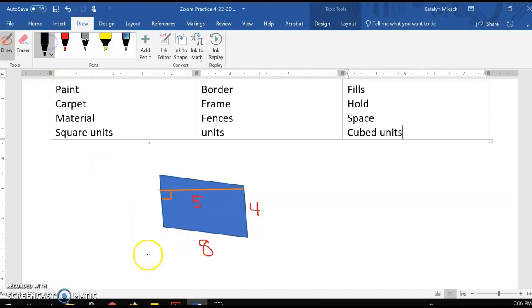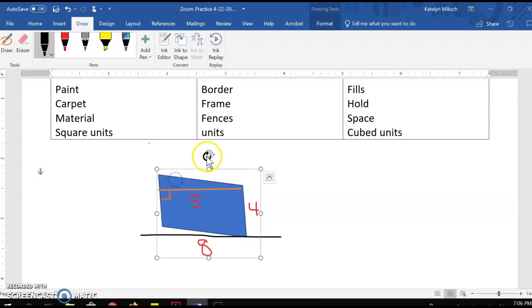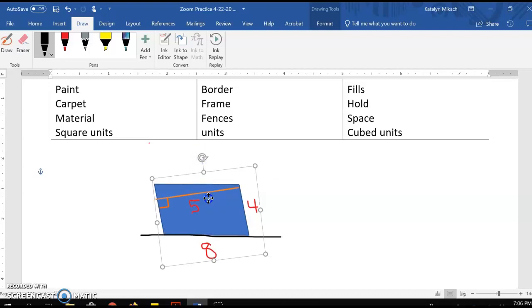So this parallelogram, if this were my table, it's not really sitting on it right now. I could, and now you can't do this on a computer screen, you kind of have to imagine in your mind or draw a picture, but I can rotate my parallelogram because I made it that way. So if I wanted this one to sit on the table, I'd have to turn it a little bit.